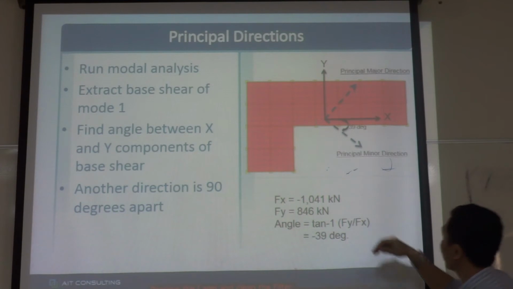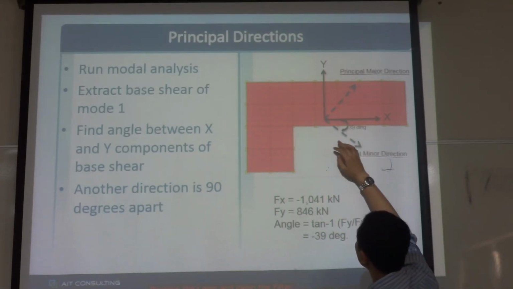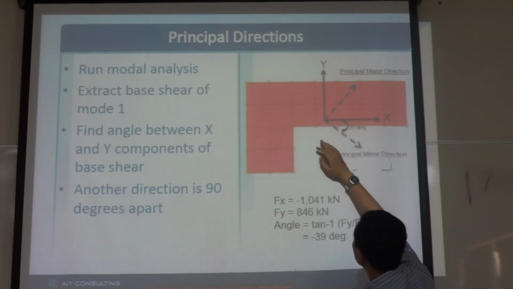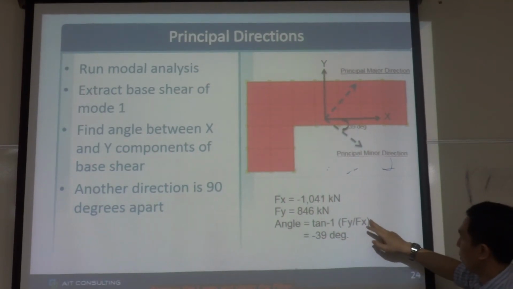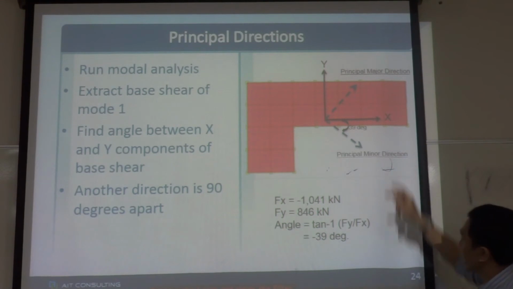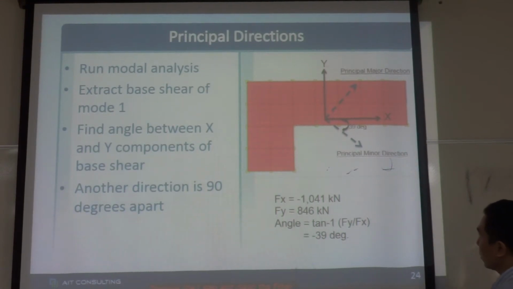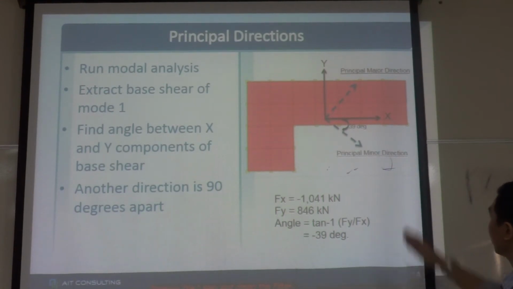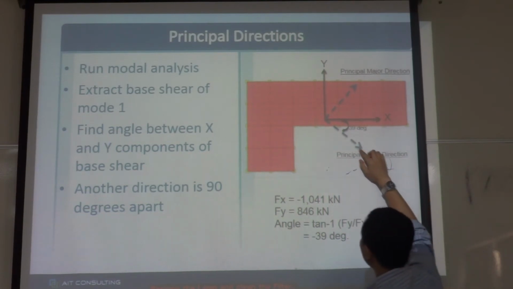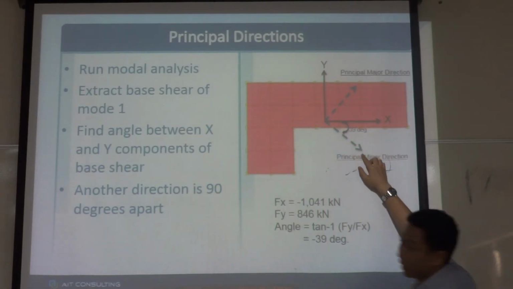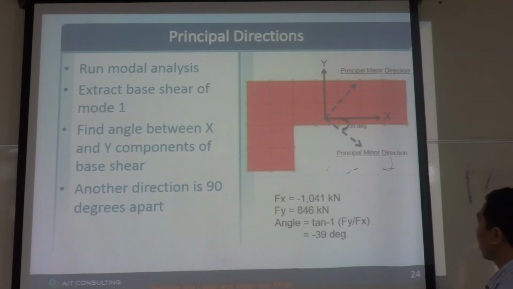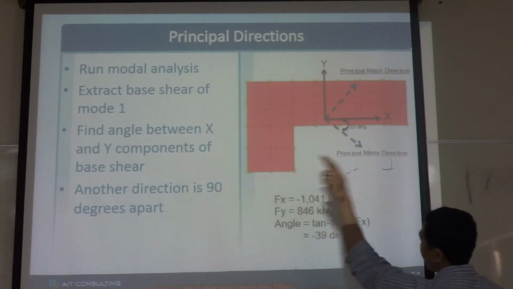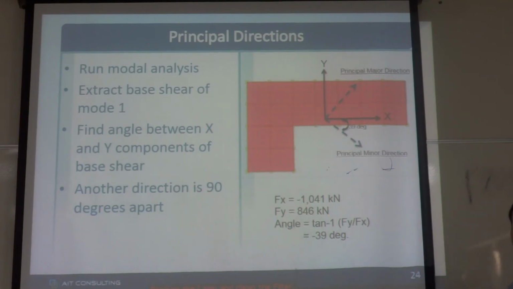Then we calculate the angle between the X and Y components, and then we will get the principal direction. So in this building, the principal directions are shown in dotted line. We should apply the seismic force in that direction to get the maximum design force.